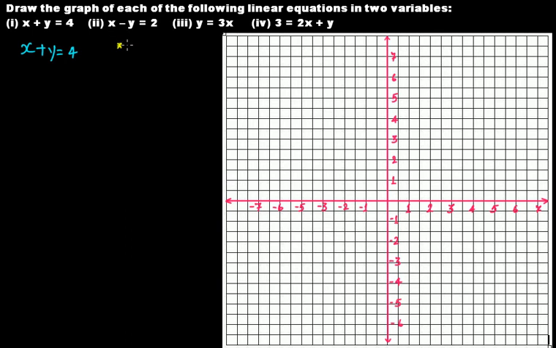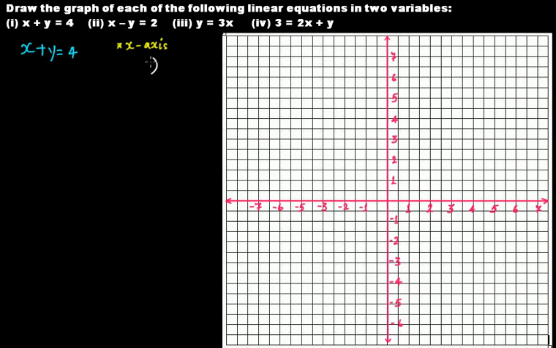So when you're checking where that line will intersect the x-axis, always put y equal to 0, because we know that on the x-axis your y is 0.